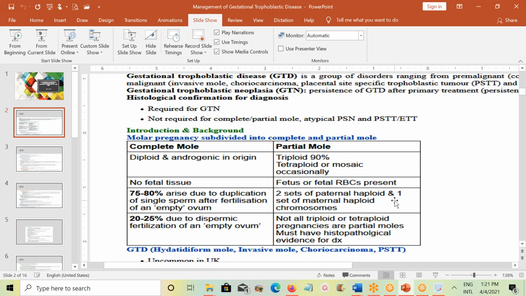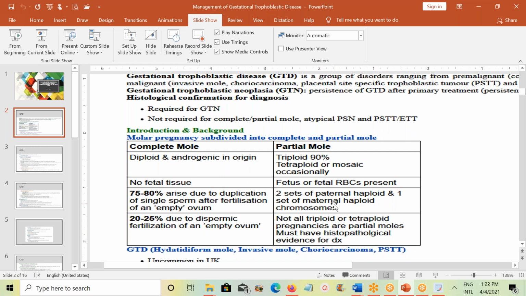And if it is tetraploidy, then another set comes from the sperm, can be X, can be Y. The number is important here. In the complete mole, 46. Partial, 69. It can be even more, but in 90%, 69.